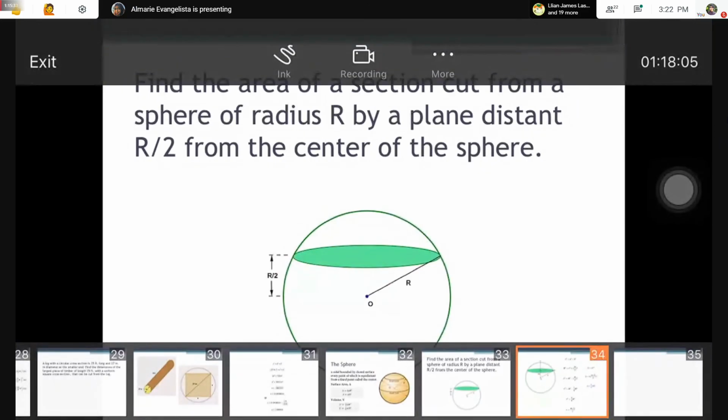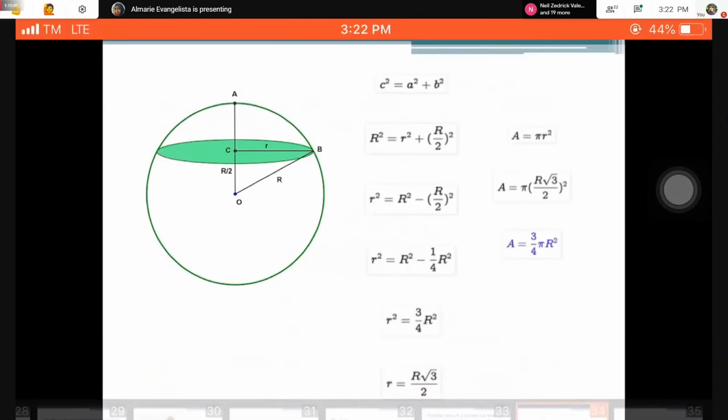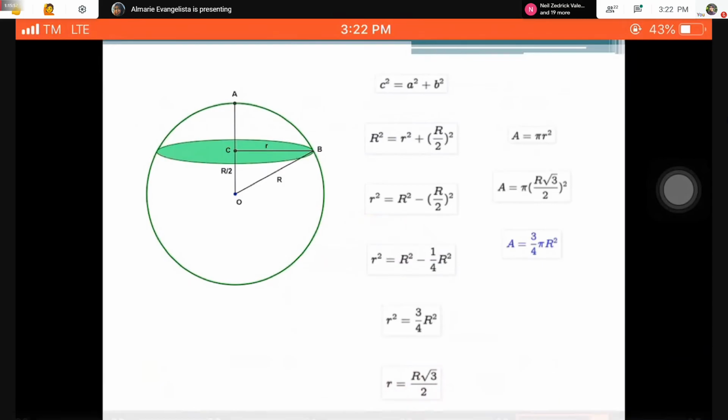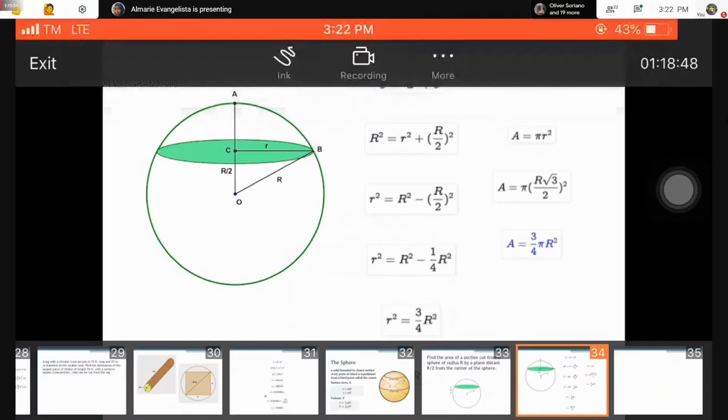So, pi times yung nakuha nating radius, which is R square root of 3 over 2, squared. So, ang sagot natin is, ang area natin is 3/4 pi R squared.